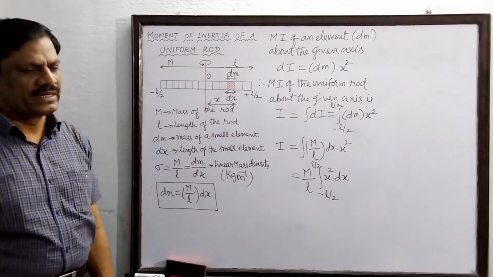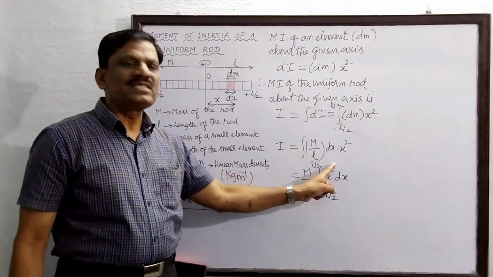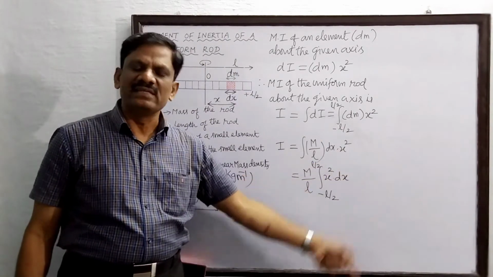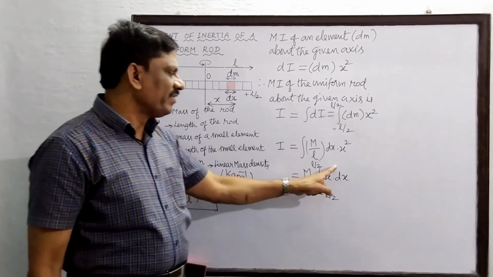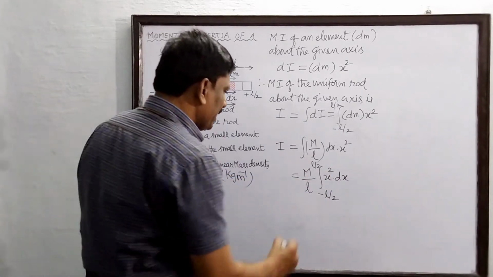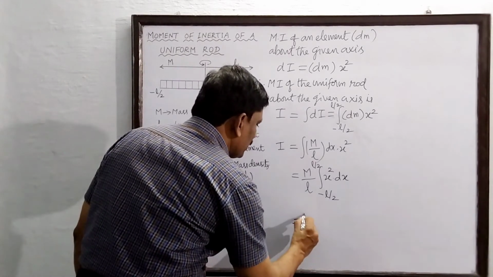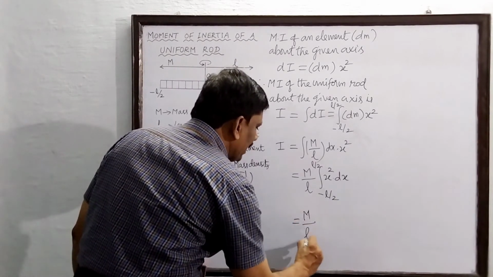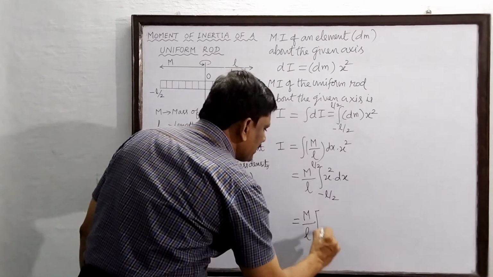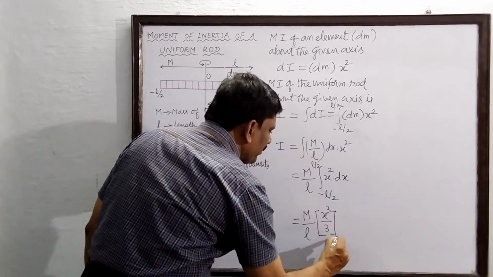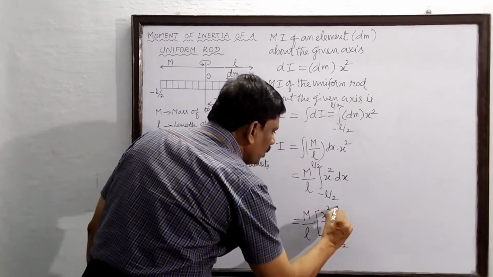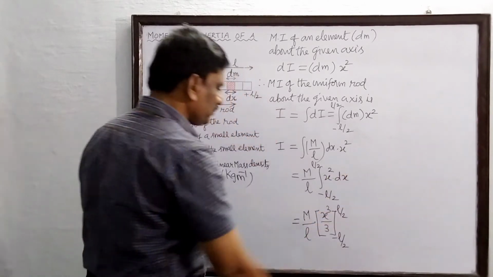Okay students, the integral of x power n dx is x power n plus 1 divided by n plus 1. Here the value of n is equal to 2. Therefore, this is now equal to M by L into x cube divided by 3 between the limits minus L by 2 to L by 2.